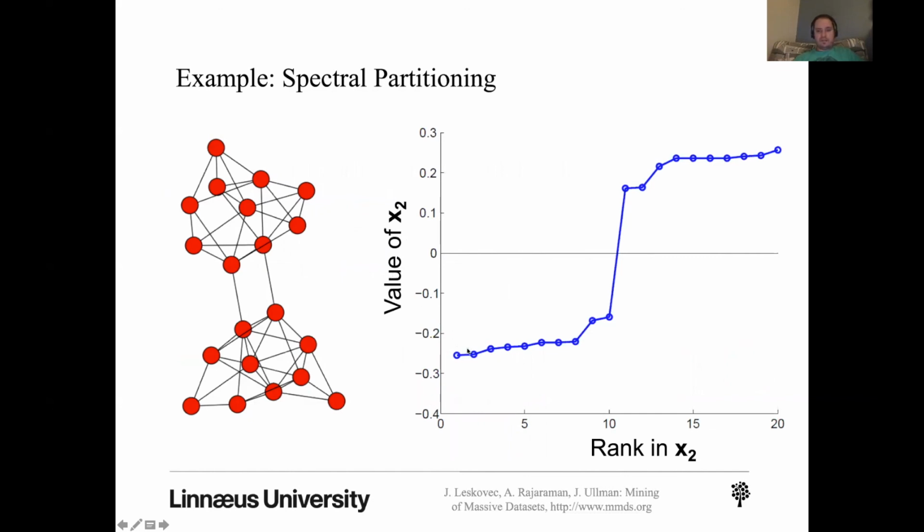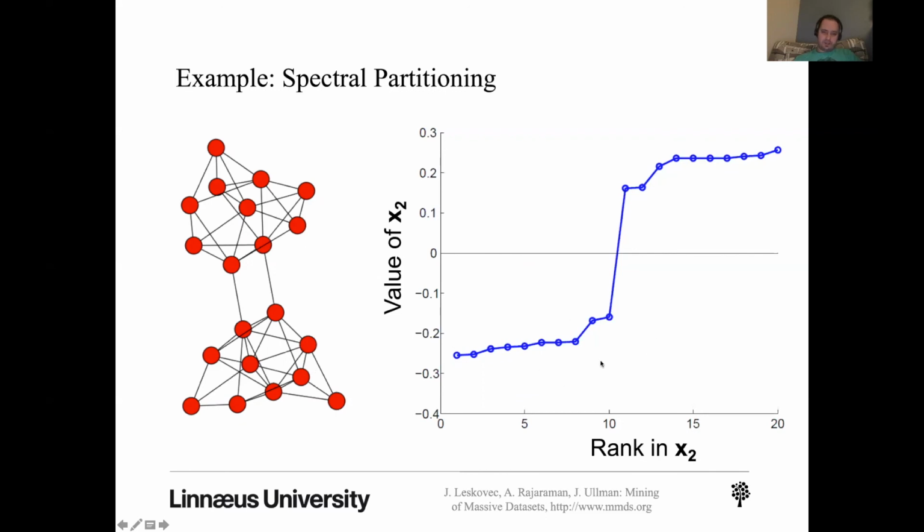If I order it from the smallest one to the largest one, you would see that the values of this community over here would all be around minus 0.25, minus 0.22, minus 0.21, then minus 0.18, and so on. And then all of a sudden, boom, it jumps up to 0.18, 0.22, and so on and so forth.